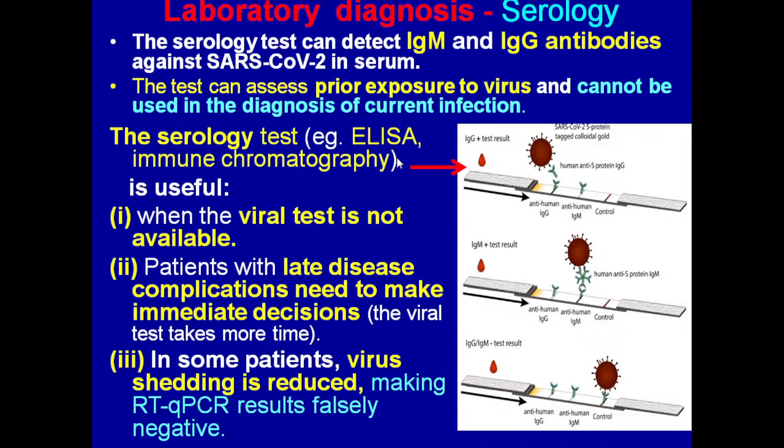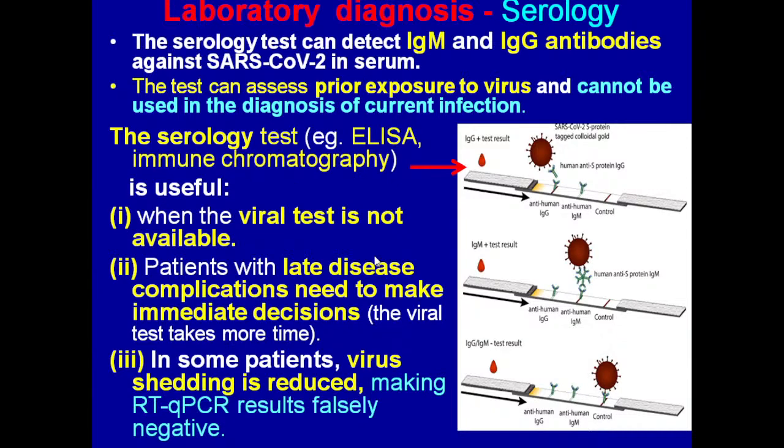The test can assess prior exposure to the virus and cannot be used in the diagnosis of the current infection if we find the antibodies. So how is it performed? Quite often, we use ELISA immune test or immune chromatography. You know ELISA, and that is the immune chromatography test.